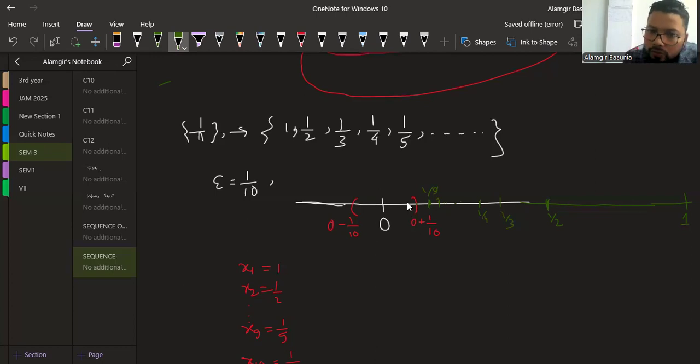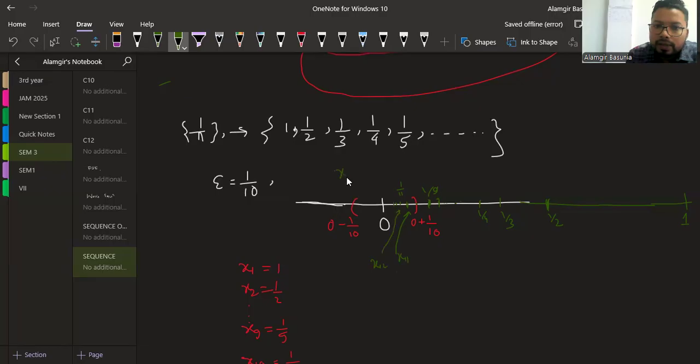Now, if we think about 1 by 11, then definitely 1 by 11 belongs inside that interval. Then 1 by 12 also belongs to that interval, and so do 1 by 13, 1 by 15. That means our x11 belongs here, and x12 also belongs here.